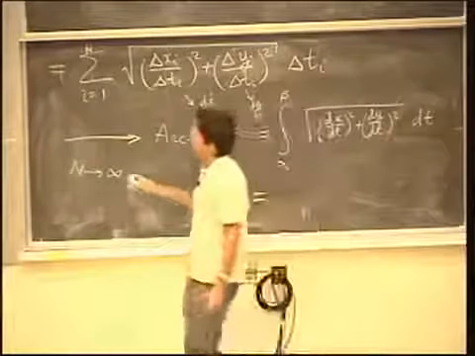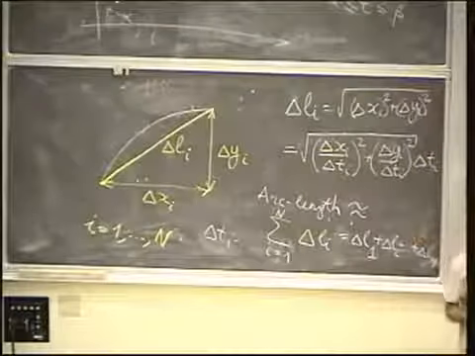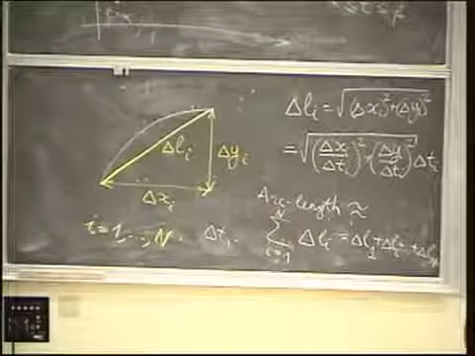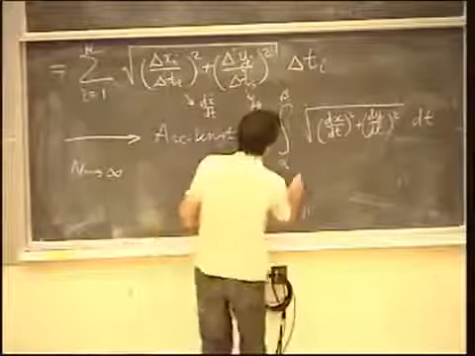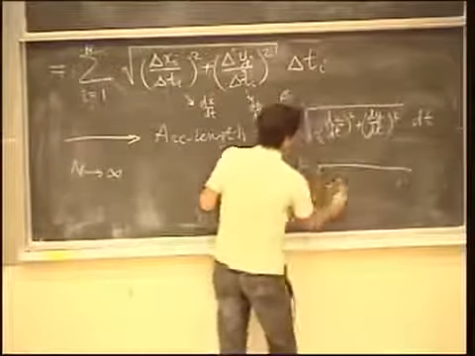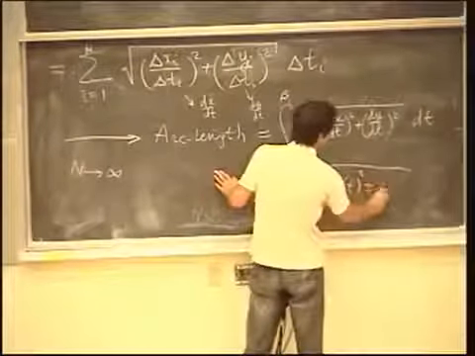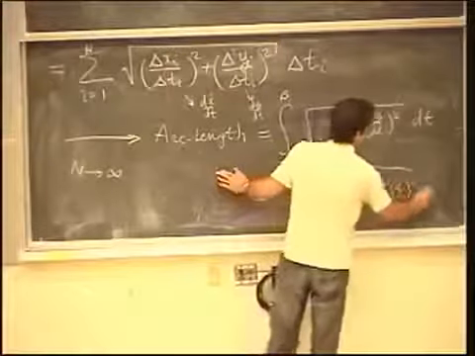If you will, we can write it down even more precisely, remembering that x is equal to a function f of t and y is equal to the function g of t. So we can write it as the integral from alpha to beta of the square root of f prime of t squared plus g prime of t squared, dt.